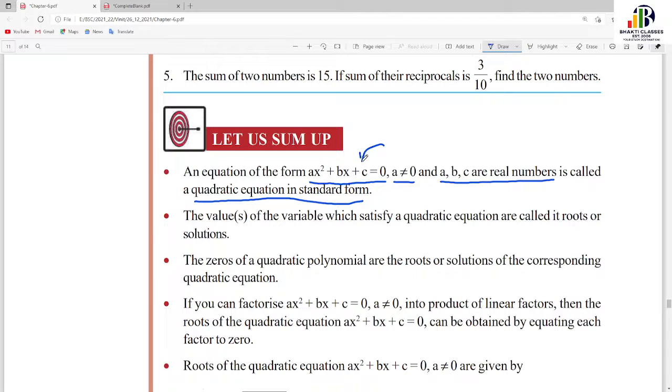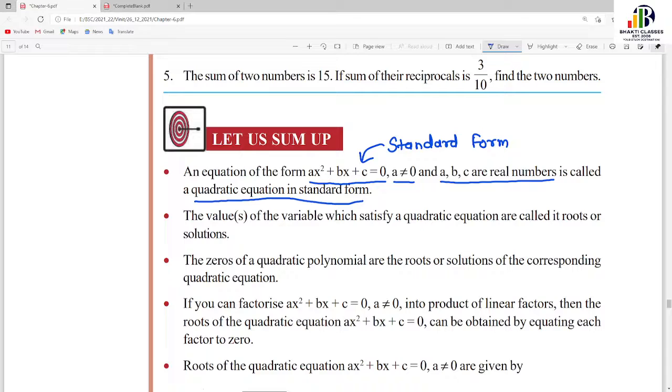So this form is the standard form. Next we have learned values of the variable which satisfies the quadratic equation are called its root or solution. The zeros of the quadratic polynomial are the roots or solutions of the corresponding quadratic equation.